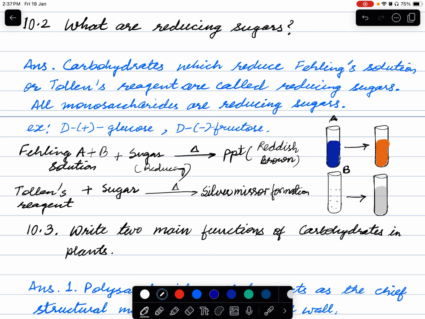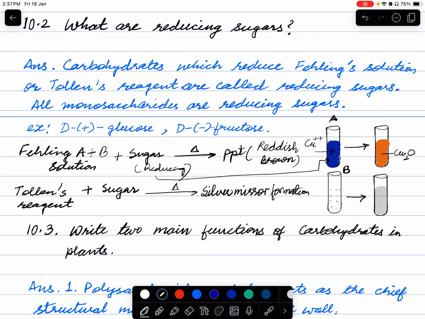Okay, and why is it happening? Your Fehling solution is basically a solution of copper ion, Cu2+ ion, and when we add sugar into this and then heat the solution, we get a reddish brown precipitate, and this is the precipitate of copper oxide, Cu2O.